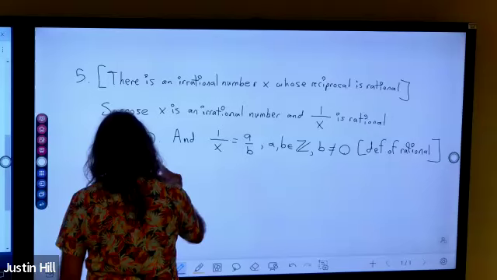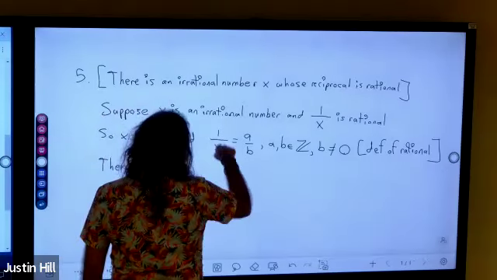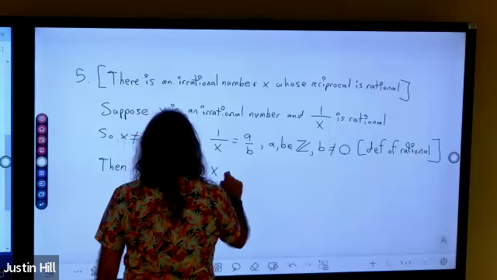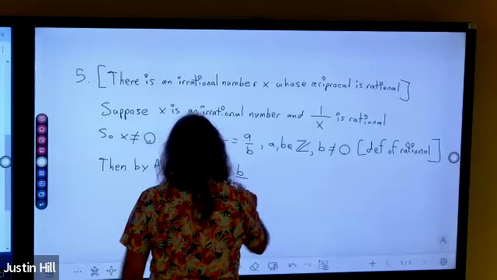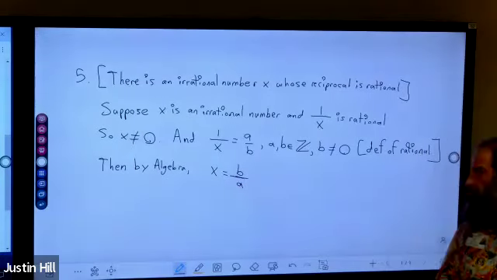Say by algebra, then x is going to have to equal b over a, and the reader can easily confirm that with their knowledge of algebra.